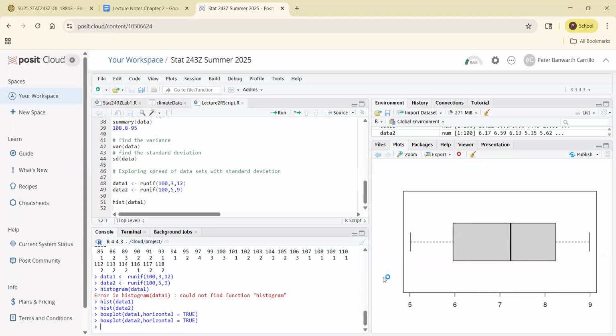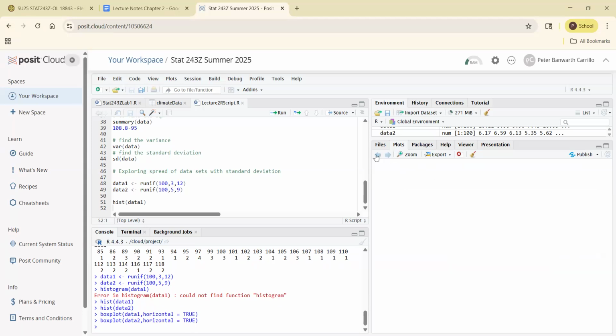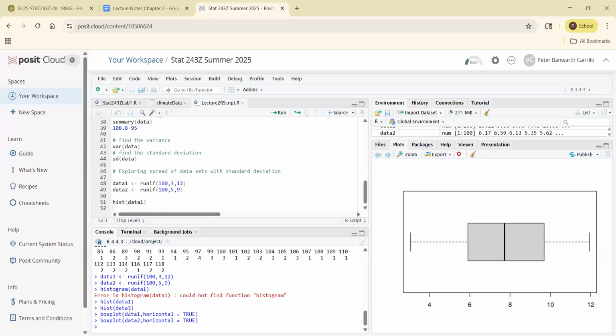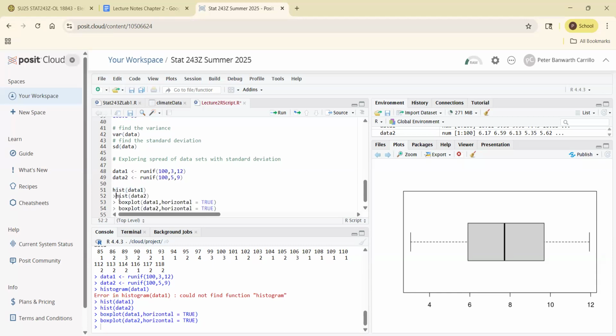The whiskers are roughly the same size. So flipping back and forth between these two box plots, it looks like data 1 has a bigger spread than data 2, which I can do with the visual analysis. And a standard deviation lets you do that using single numbers, using that summary statistic.